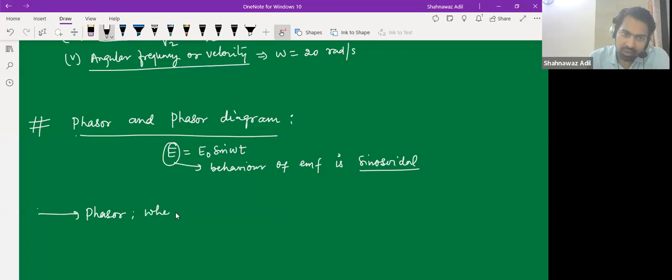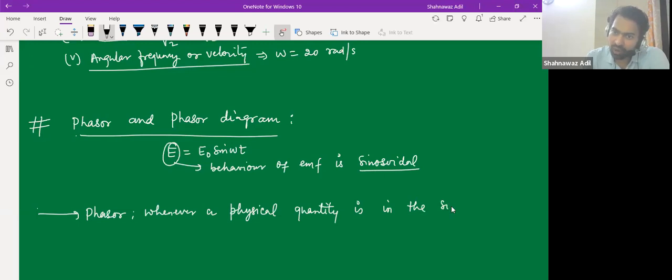Whenever a physical quantity is in sinusoidal form, then it is called a phasor.